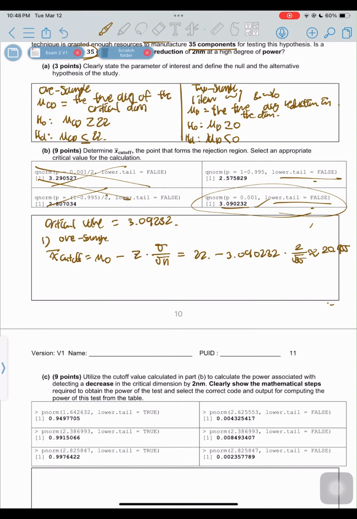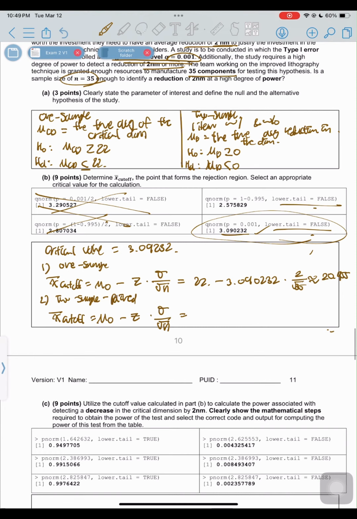And then if you do two sample paired, like the one that I did above, the x cutoff would be mu naught minus C times sigma over square root of n. So mu naught value would be 0, right?